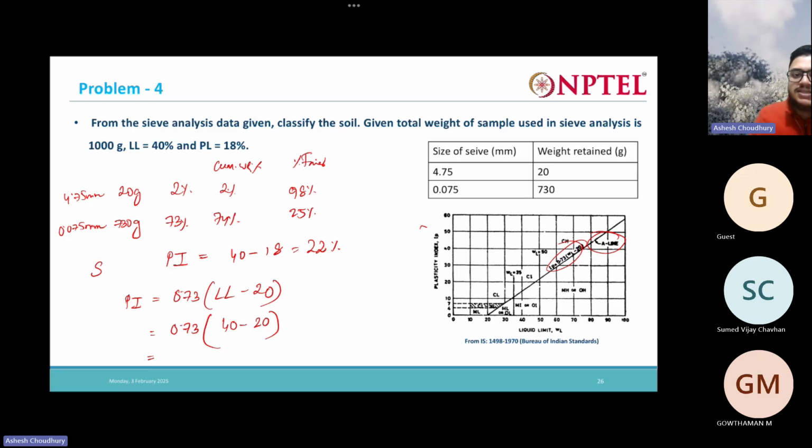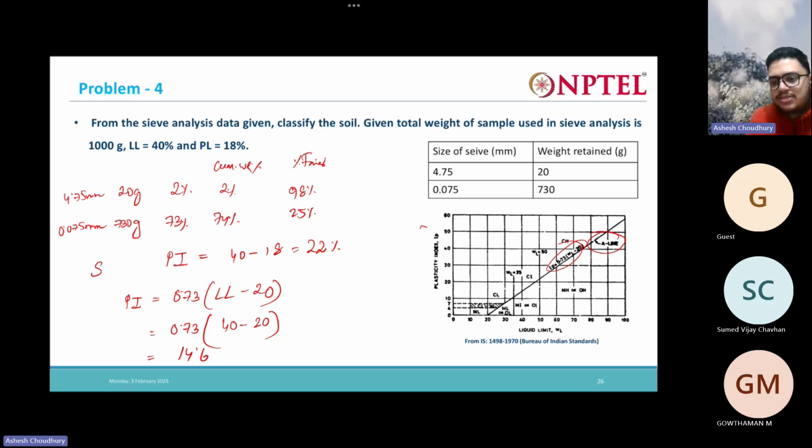Just put liquid limit 40 here and calculate 0.73 times 40 minus 20. 14.6. Right, 14.6. Now you have the plasticity index of your soil, and you calculated the plasticity index on the A line, which is 14.6.